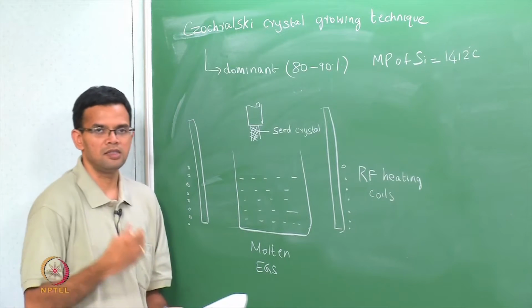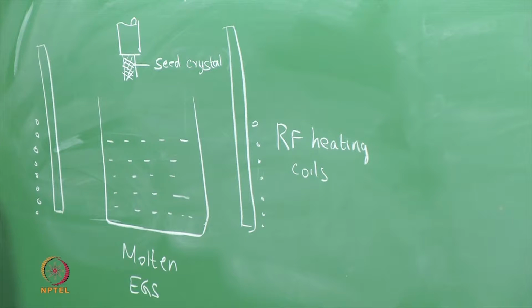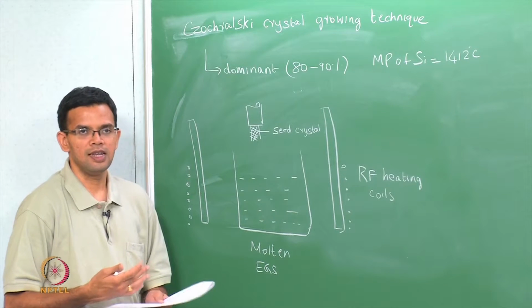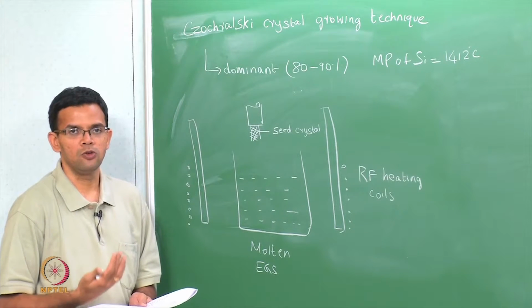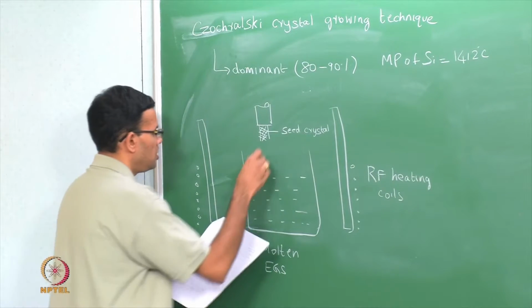The seed crystal is dipped into the molten silicon. The silicon then sticks to the seed and it is slowly withdrawn. As the seed crystal is withdrawn, the silicon attached to it starts to cool and takes the same orientation as that of the seed.